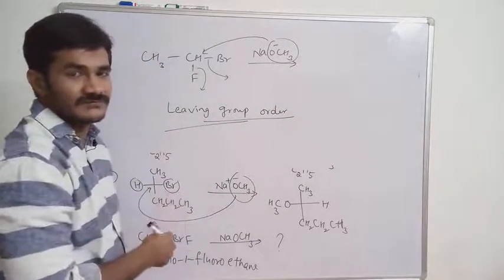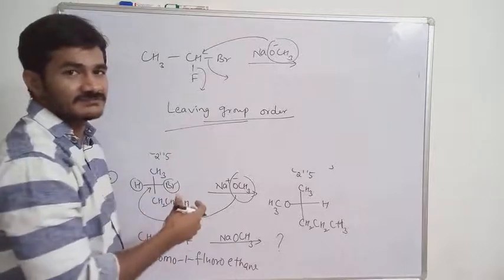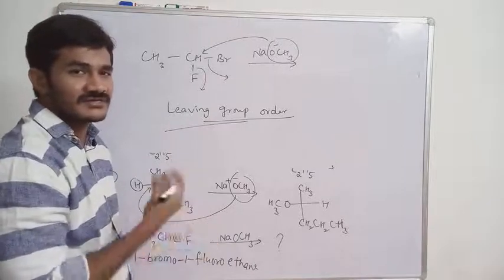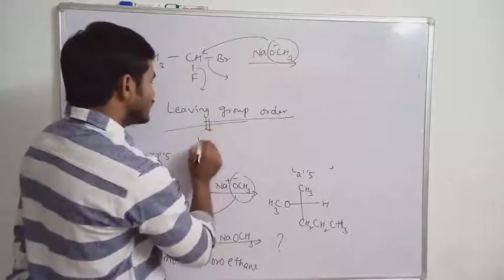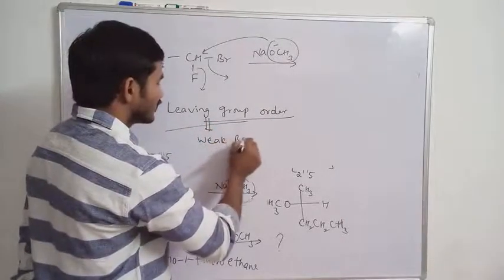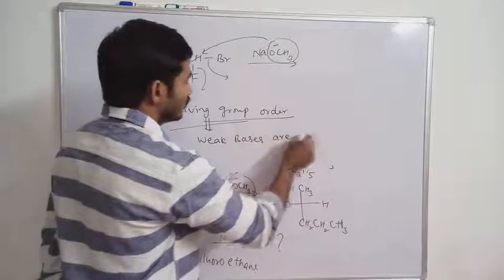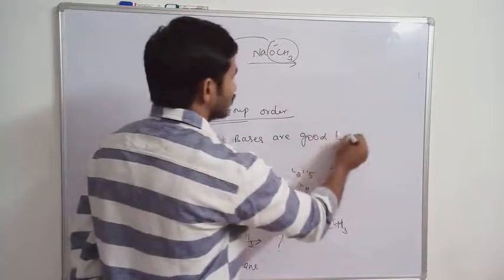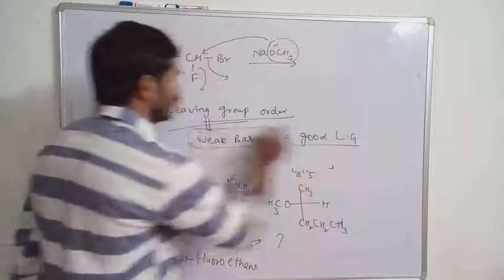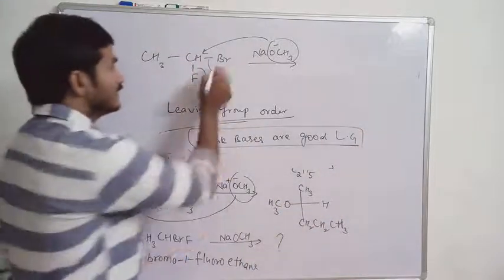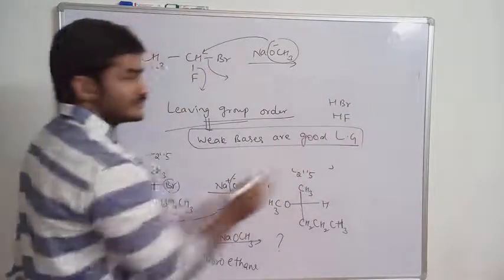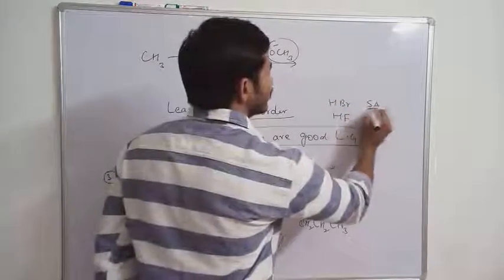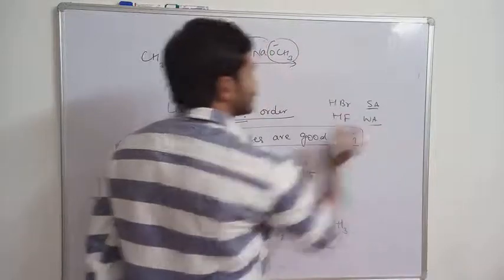Down the group, if you observe this, acidic nature always increases. So when acidic nature increases, basic nature decreases. So weak bases are good leaving groups. Weak bases are said to be good leaving groups. Which is the weak base? Here, if I write HBr, HF. HBr is a strong acid. HF is a weak acid.